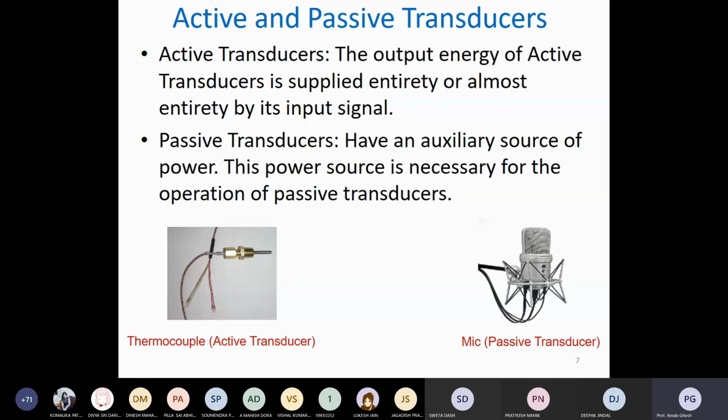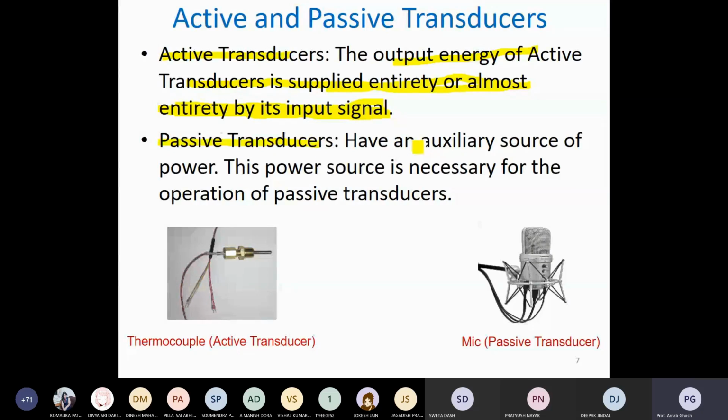In active transducer, the output energy of the active transducer is supplied entirely or almost entirely by its input signal. So it is driven. And what is the definition of passive transducer?